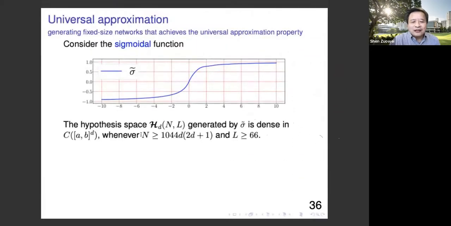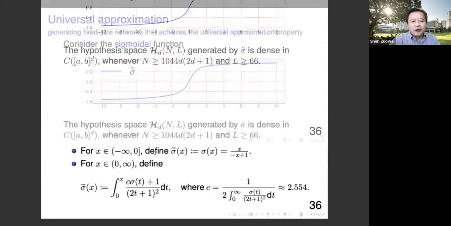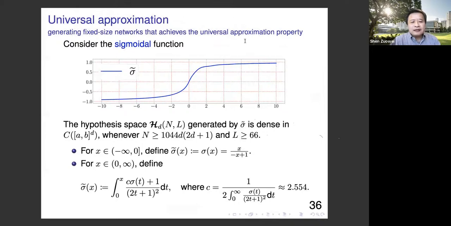This is sigma tilde, as simple as that. These functions can still give a good approximation. So for this hypothesis space to be dense, L instead of 11 becomes 66, and N becomes that. In fact, we have a bigger class of functions with all these kinds of good approximation.